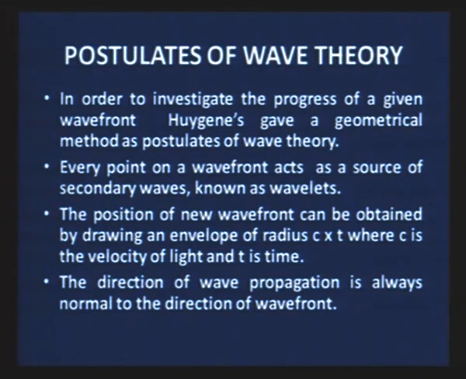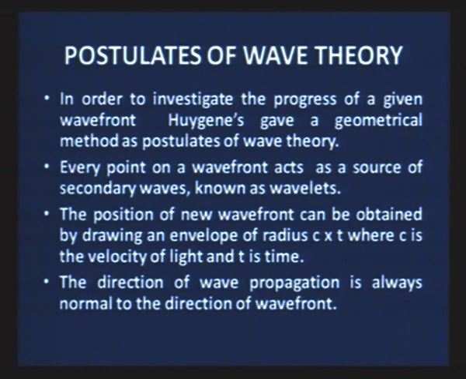According to this wave theory, every point on a wave front acts as a source of secondary waves, known as wavelets. The position of the new wave front we can obtain by drawing an envelope of radius c into t, where c is the velocity of light and t is time.